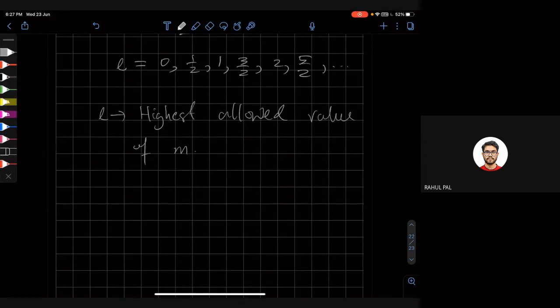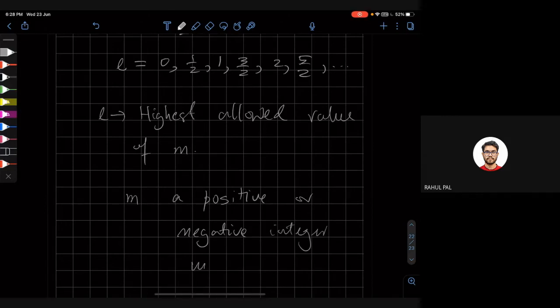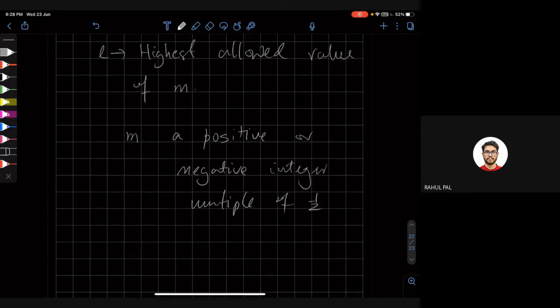That means M has to be either a positive or negative integer multiple of half. If it's an even integer multiple of half, then M is a whole number. If it's an odd integer multiple of half, then it's a fraction.